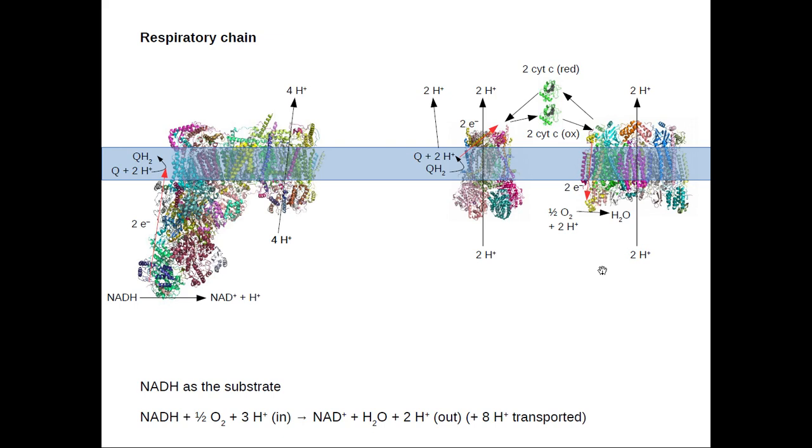So this is the first scenario, in which these electrons come from NADH. So NADH goes to NAD plus and H plus, and electrons which are released, you got here 0 charge, you got here 2+ charges.